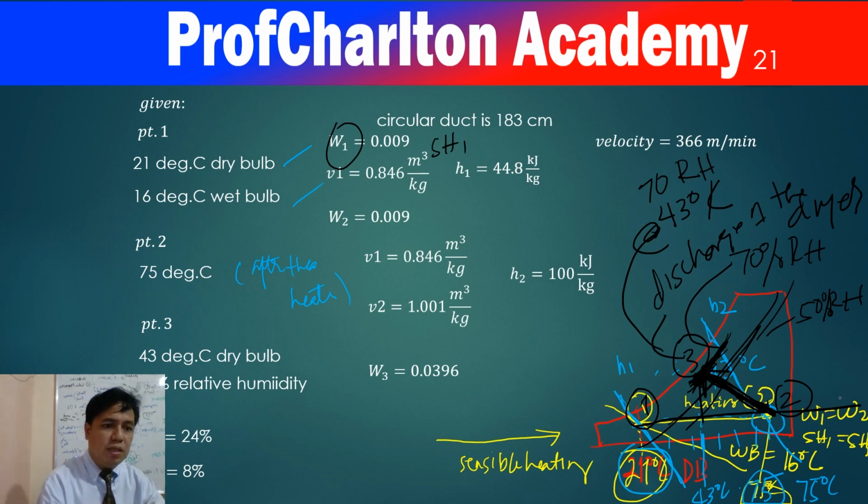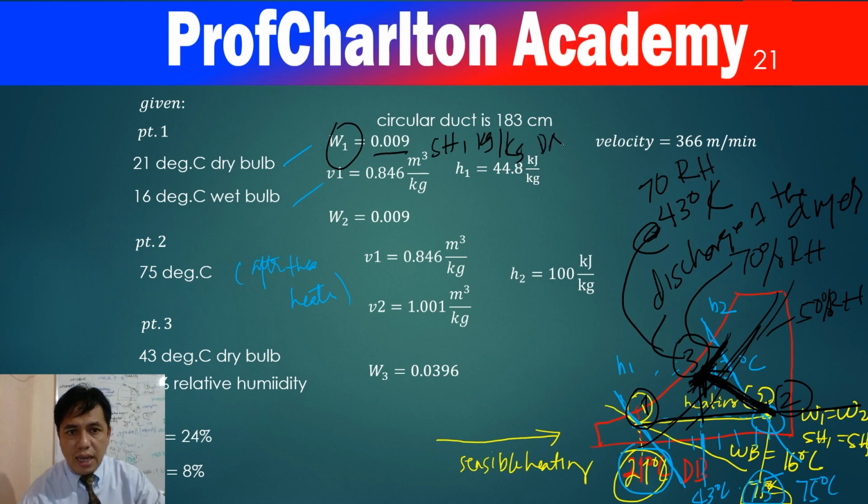So specific humidity 1 equals specific humidity 2, or W1 is W2. So what is this? 0.009, and the unit is in kilogram because we are in metric, right? So kilogram per kilogram. Kilogram of water divided by the kilogram of dry air. So that's the meaning of specific humidity.